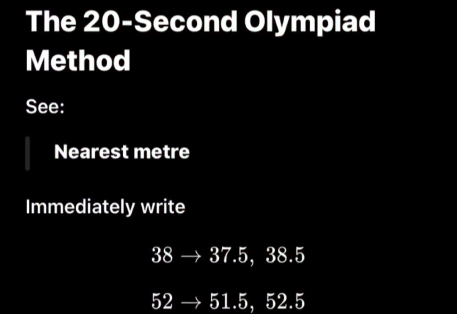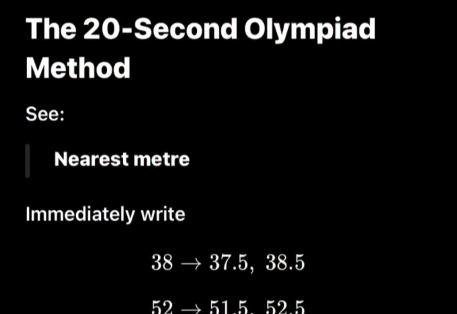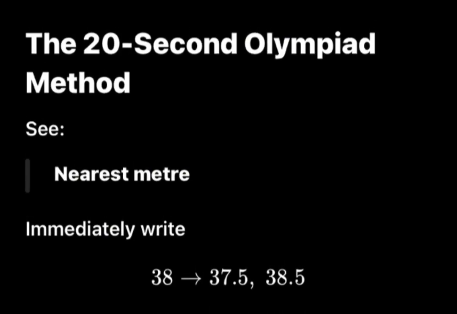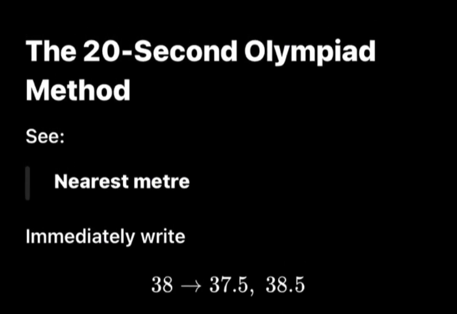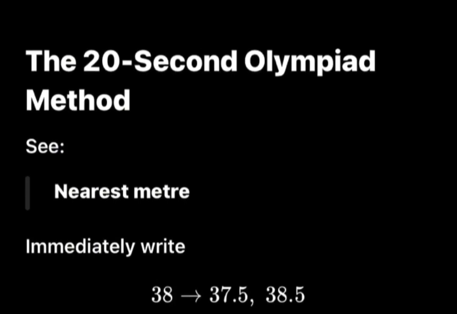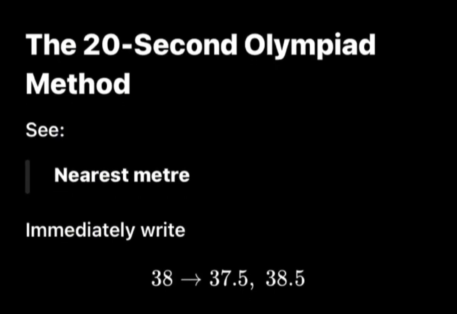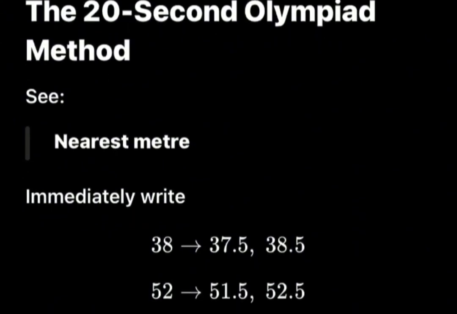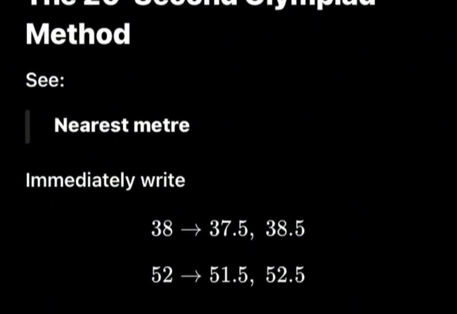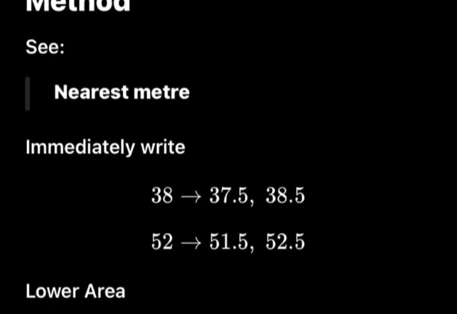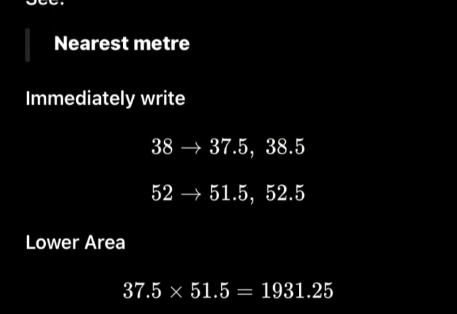Now we know that in competitions like the Olympiad or the Sterling Bank maths quiz, speed and accuracy are of great essence. So let's see how we can solve this question in 20 seconds. Once we see nearest meter, I will immediately write for 38, 37.5 and 38.5. That is, subtract 0.5 from on both sides. And for 52, we write 51.5 and 52.5.